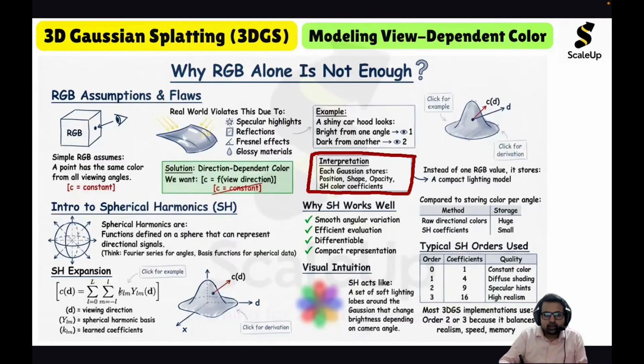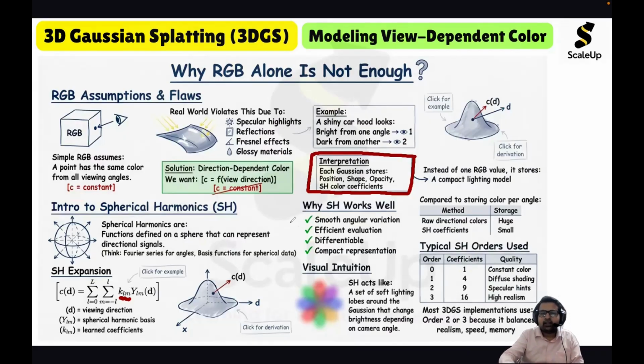Because these color coefficients we will learn and optimize. The learned color coefficient is important because the spherical harmonic basis will be the same, like for different directions it will be a fixed number. But this color coefficient we have to learn.